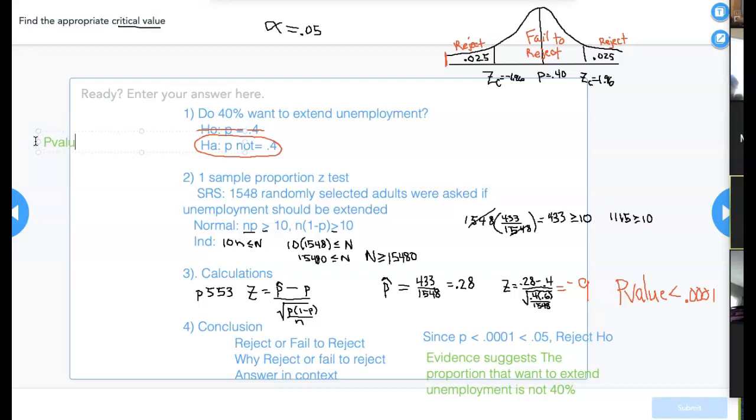If the p-value is less than 0.05, reject H0. P-value is the opposite of that, greater than 0.05, fail to reject. What if it is 0.05? You still reject.